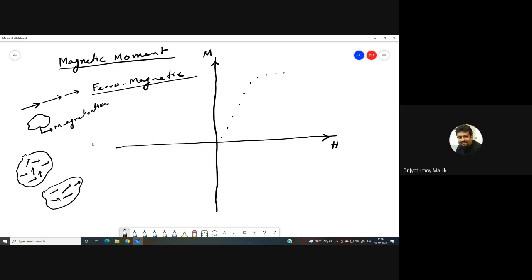Okay, and if I then further increase H, there will not be any significant change in my acquired magnetization because it has already reached saturation. All the magnetic moments that could have aligned as per H have already been aligned, and then it will not increase the magnetization anymore. So you can join them with a line. Okay, and so you can see here the plateau is reached, and this value is called Ms, or saturation magnetization.